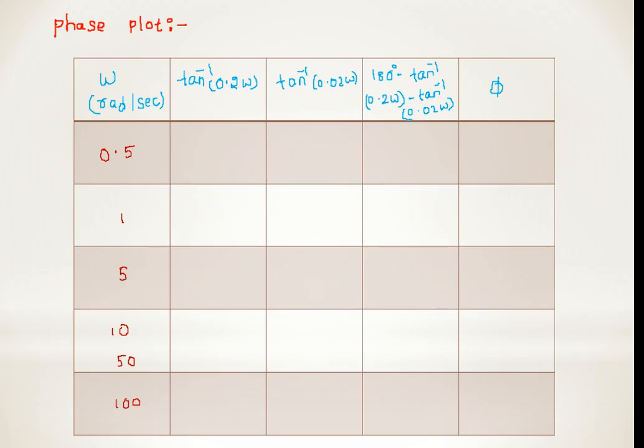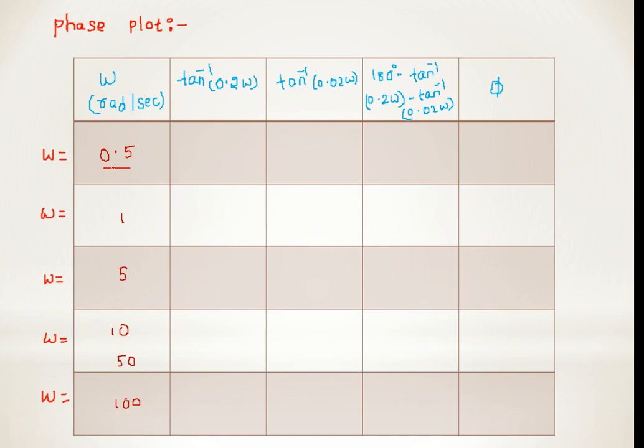I am taking initially omega value as 0.5. So we know that the phase of the given transfer function is 180 degrees minus tan inverse of 0.2 omega minus tan inverse of 0.02 omega. So in place of omega, first substitute 0.5.